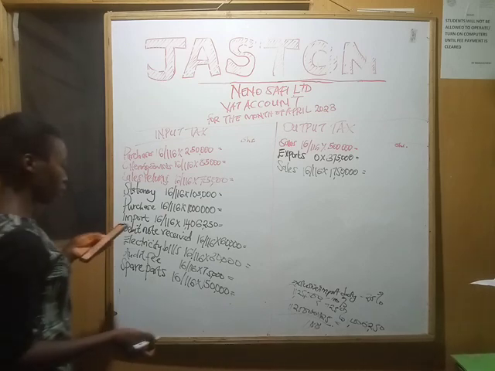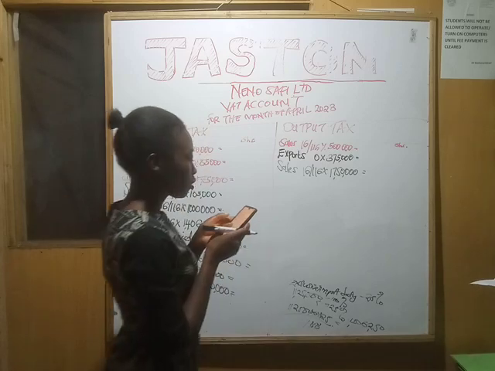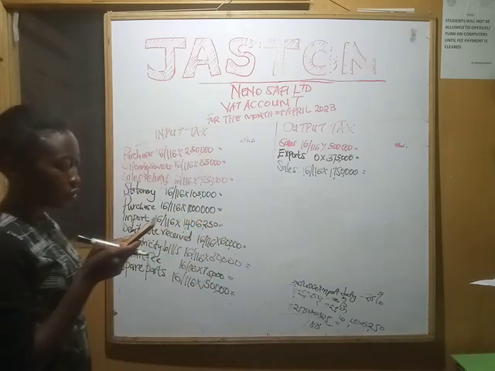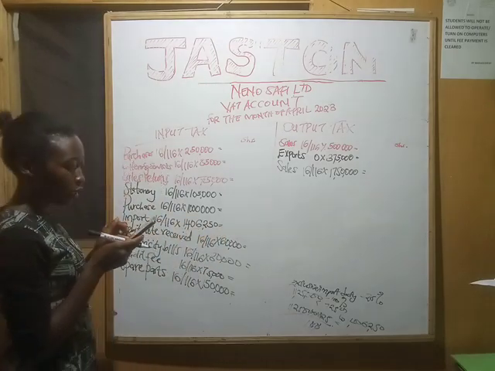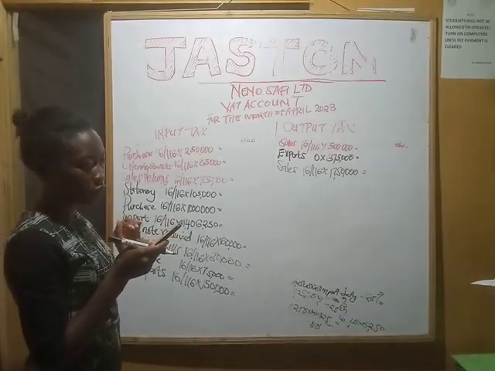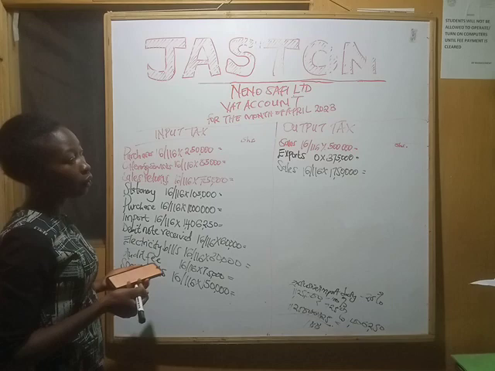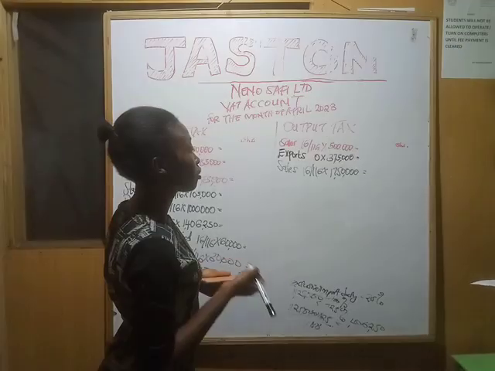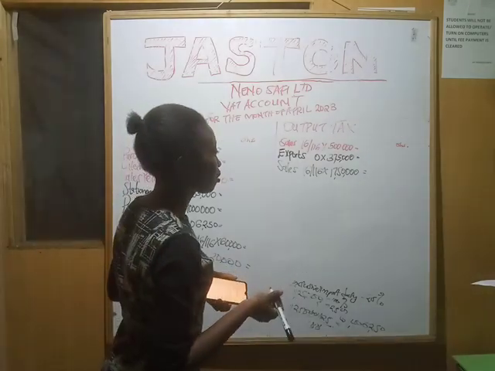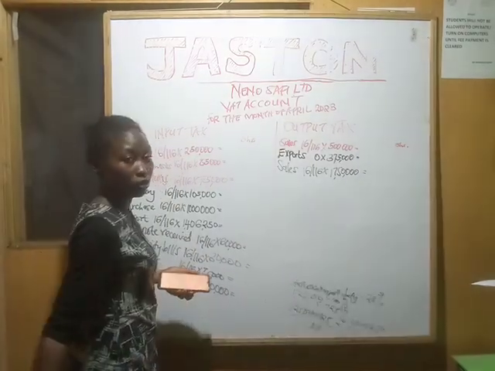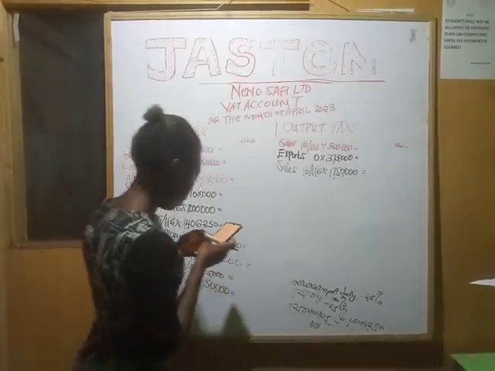We sold on credit to Ulinzi Limited for 1 million, a business not registered for VAT purposes. Now we are not going to include the sales to people not registered for VAT, so we are not going to account for them. So we will go to the next one.